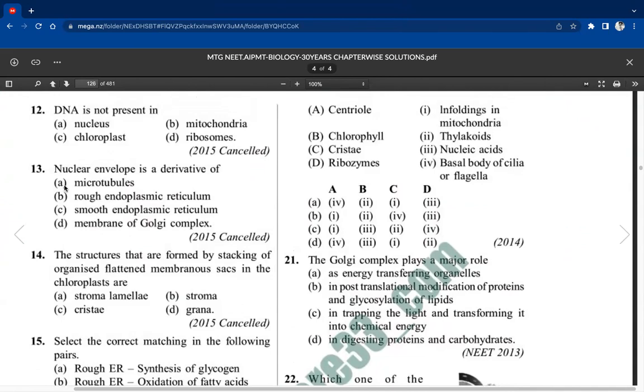Question number 13, Iram. Read. Nuclear envelope is a derivative of microtubules, rough endoplasmic reticulum, smooth endoplasmic reticulum, or membrane of Golgi complex.